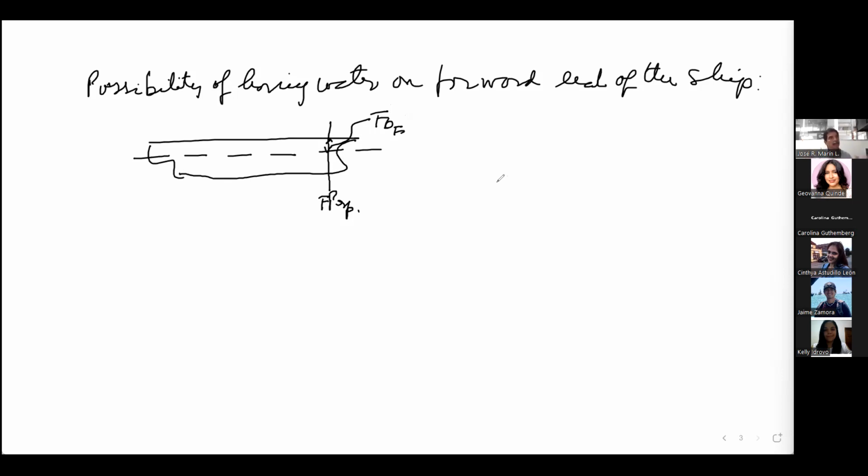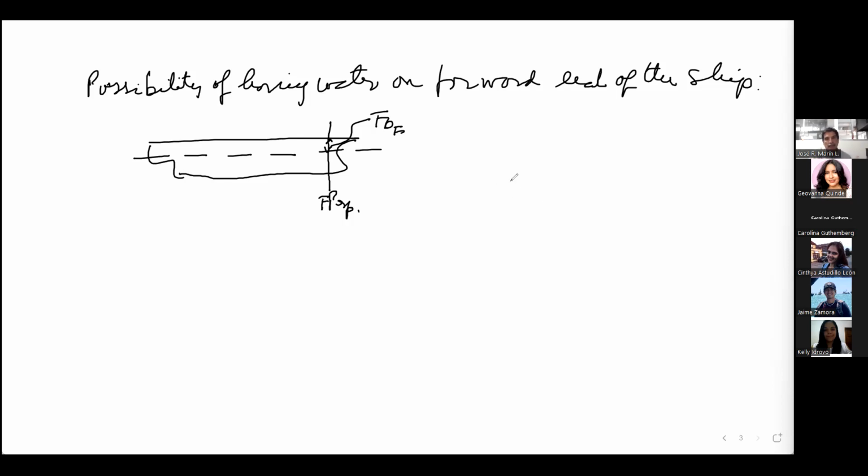So what we need to evaluate is the probability that the relative motion between the ship hull, the forward end, and the wave elevation exceeds this value. If this value is exceeded, that means that you have water on deck, because the relative motion is so large.